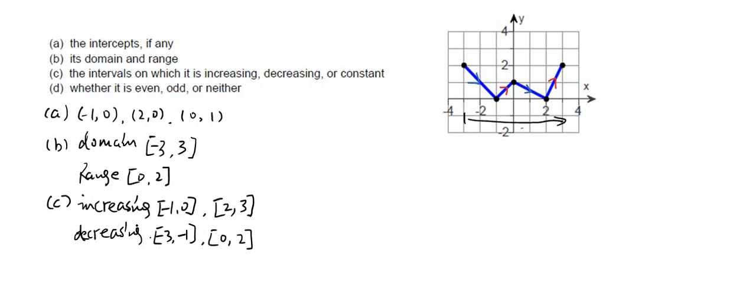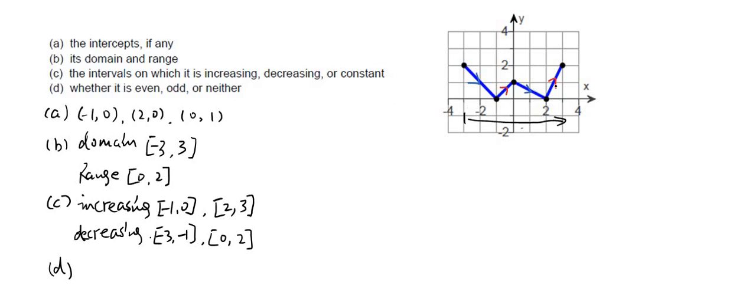Again, I want to emphasize that increasing and decreasing are about the x values. It's not about the y value. Now D. Check whether the function is even, odd, or neither.